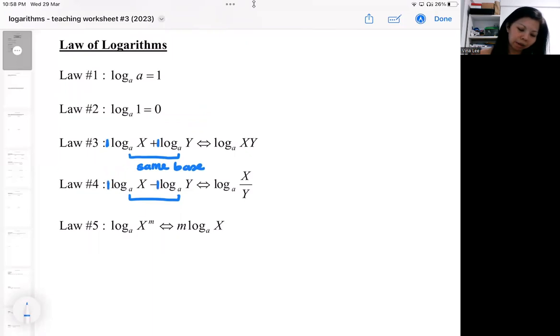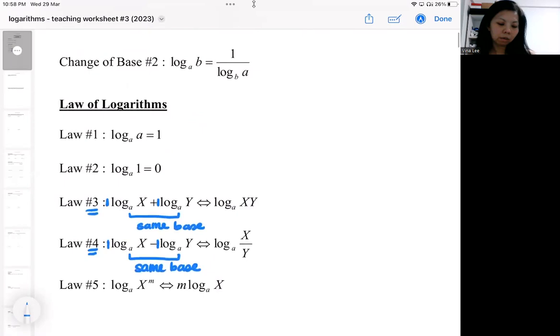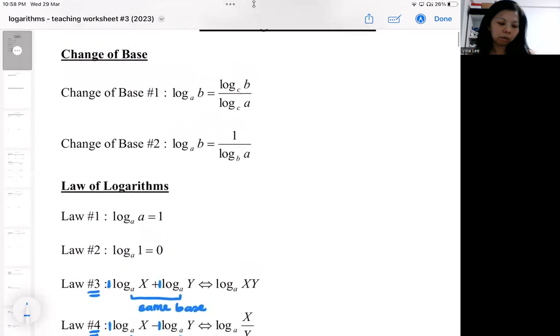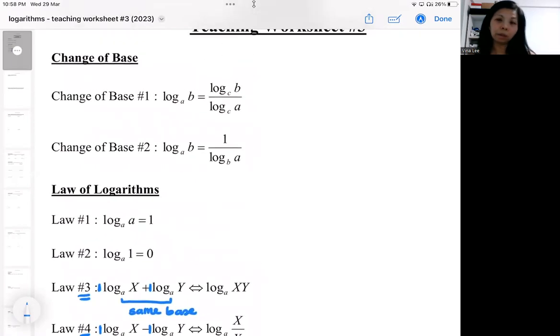That was what was discussed when I was introducing the laws. Right now you're going to see situations where the base will be different. When the base is different, you cannot use law number 3 and law number 4. In order to come back to the laws, you need to make the same base. That's why they introduce the change of base formula.